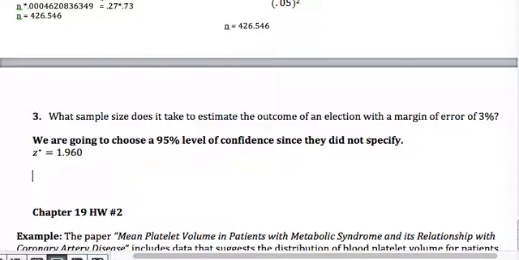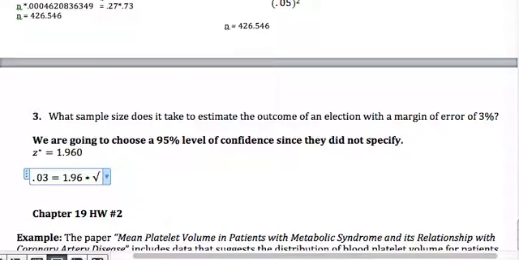So we put, they only want it to be 3% wide each way, right? So we say that equals this times our standard error, which is going to be the width. So I'm going to write this one more time. Like this, 0.03 equals 1.96 times square root.